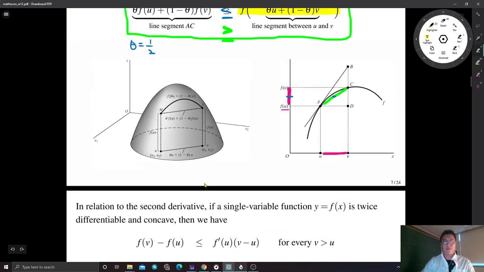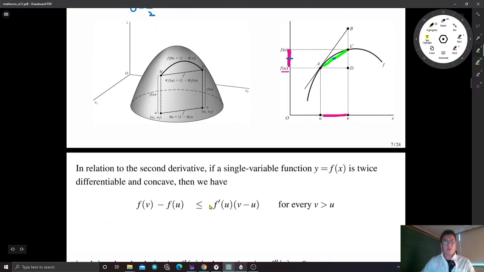Another way to define concave function is using derivative. Whenever a function is differentiable, then we can define concave function this way with this inequality. So think about f of v minus f of u.